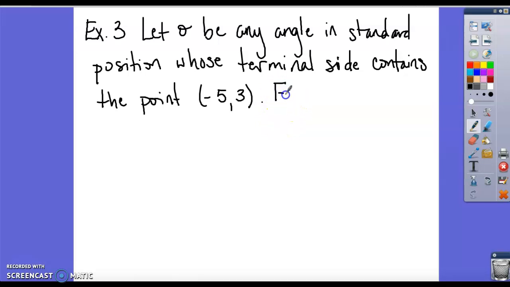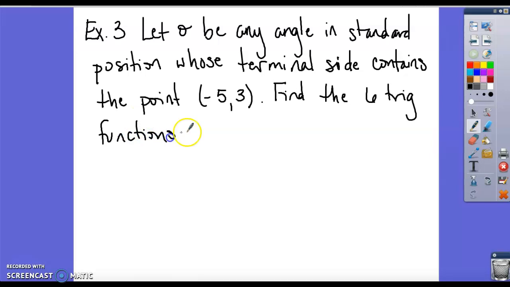And then again find the 6 trig functions of theta. Okay, so same thing, right?